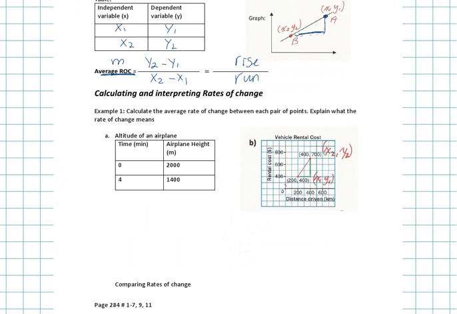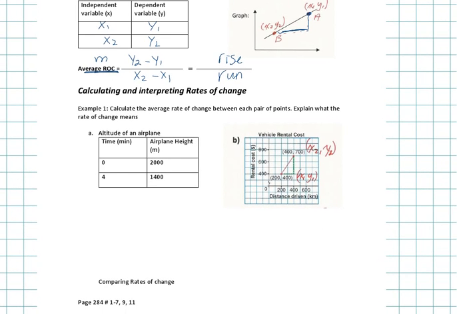So if you want to calculate and interpret the rate of change, calculate the average rate of change between each pair of points, and explain what the rate of change means. Remember the word rate of change, or ROC, it's the same thing as saying the slope. So when you read that word, you're going to think about slope.